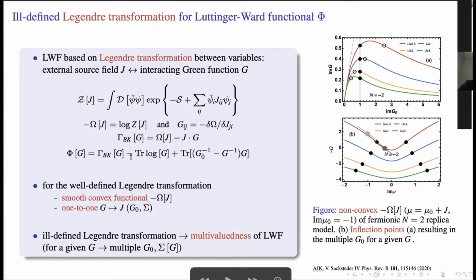Since the Luttinger-Ward functional is based on the Legendre transform, we need a well-defined Legendre transform, which assumes a smooth convex free energy functional Omega[J]. Under this assumption, we have a one-to-one mapping from the interacting Green's function to the external source fields J, or equivalently the non-interacting Green's function G0 or the self-energy Sigma.